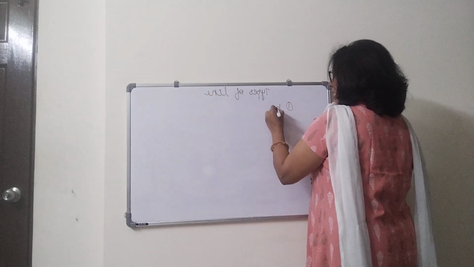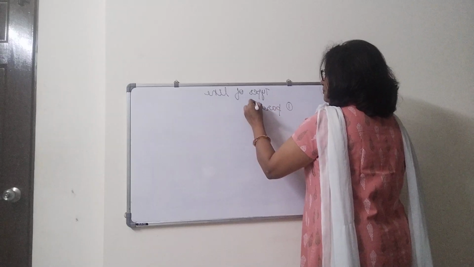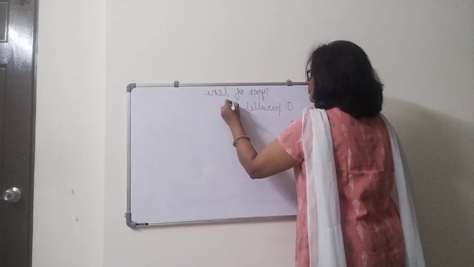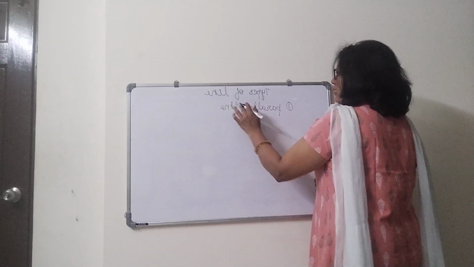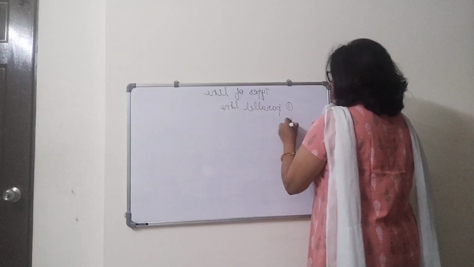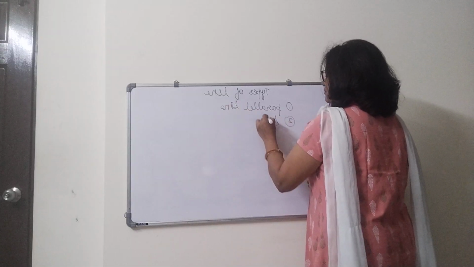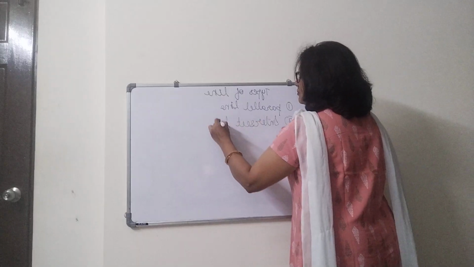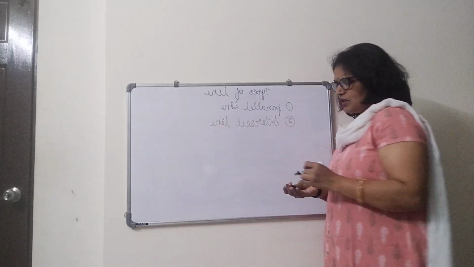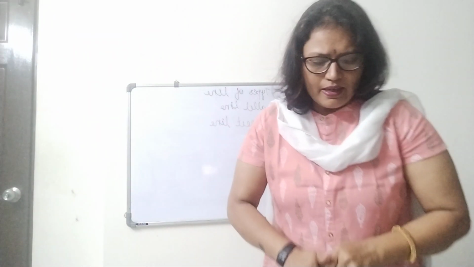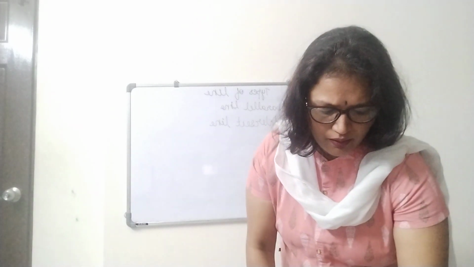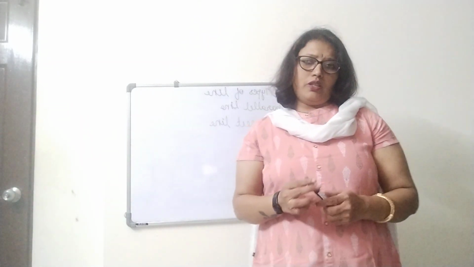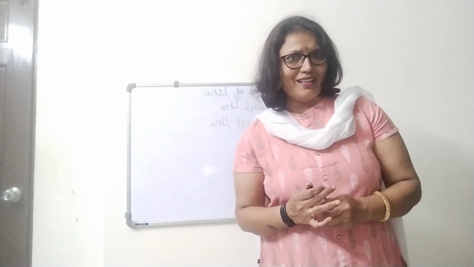The first one is parallel lines, and the second one is intersecting lines. So what are parallel lines? Lines which never meet each other are called parallel lines.